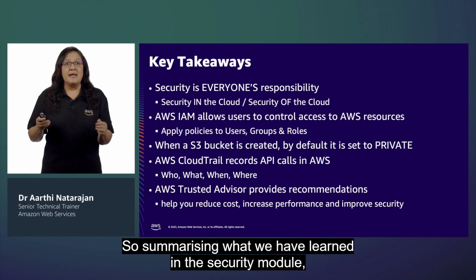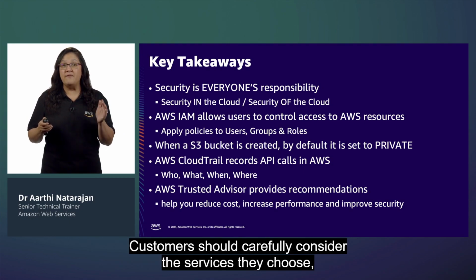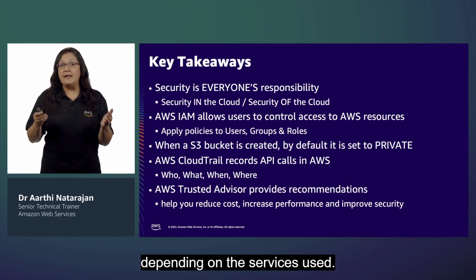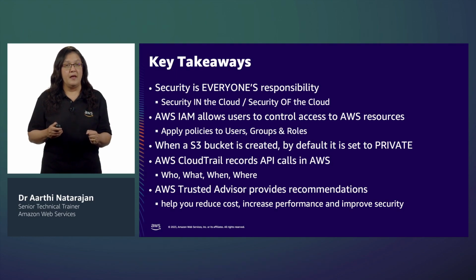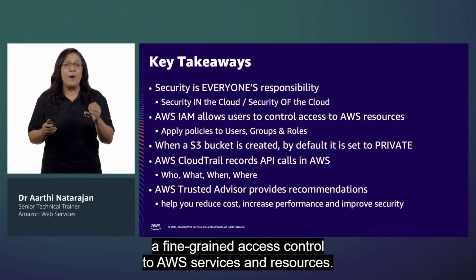So summarizing what we have learned in the security module. Security is a shared responsibility between AWS and the customer. Customers should carefully consider the services they choose because their responsibilities are going to vary depending on the services used. We also talked about AWS IAM that enables us to implement a fine-grained access control to AWS services and resources.